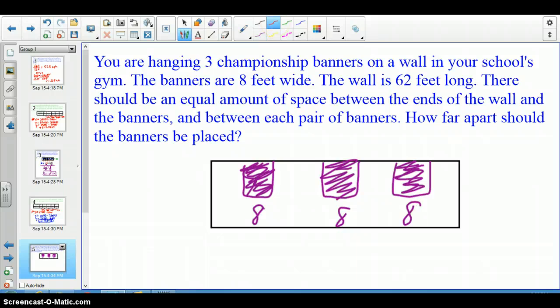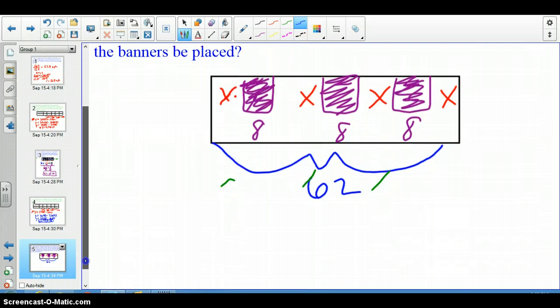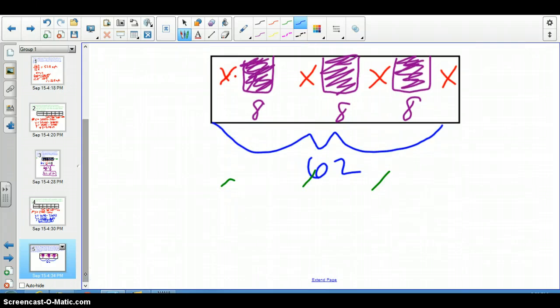We do not know what the space is in between the banners, but we do know that they are all equal. So I have these x's here, and this total length is 62 feet.